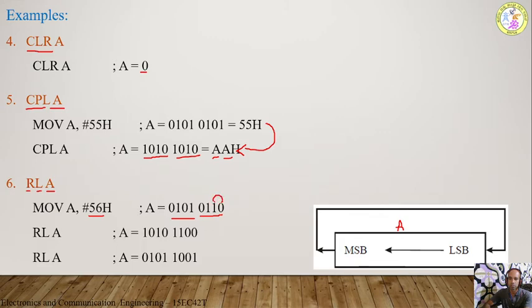This bit goes to this position, and so on, and the MSB bit comes back to the LSB position. The rightmost bit is called the LSB, least significant bit, and the leftmost bit is called the MSB, most significant bit. You can observe here that the MSB bit will once again come back to the LSB position.